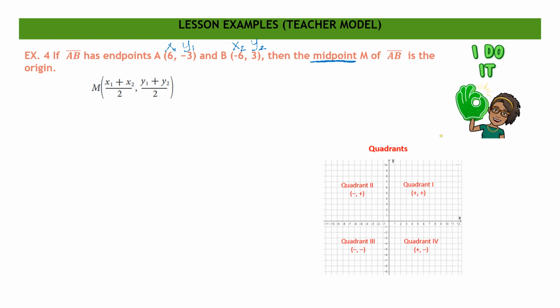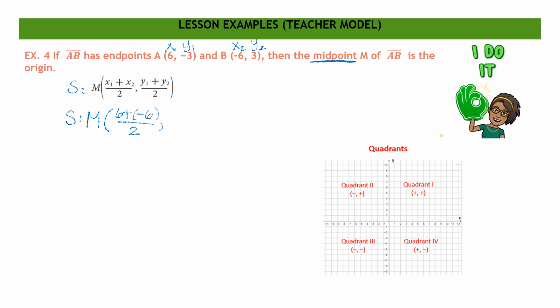So now we can go ahead and plug in. This right here would be represented as our setup. We set up using our formula, which is the formula for the midpoint. Now we can go ahead and substitute. So we have M is the quantity of 6, which is our x1, plus -6, which is our x2, and that's divided by 2.